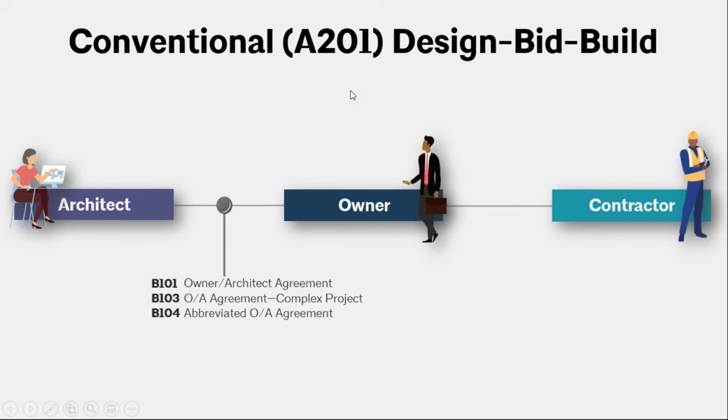Now, the owner can retain the architect using one of our contract documents that is intended for this purpose. So we have a couple different documents here that define the relationship between the owner and the architect when the project is a design, bid, build delivery method. Now, again, we're going to get specific into key documents here that form these basic legal relationships.